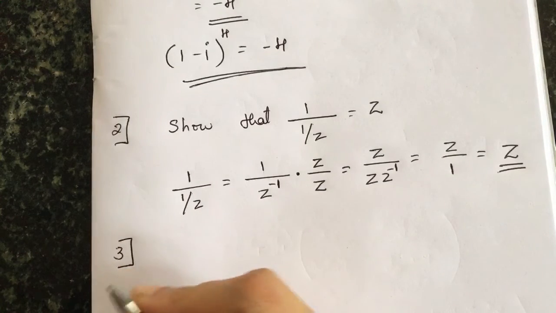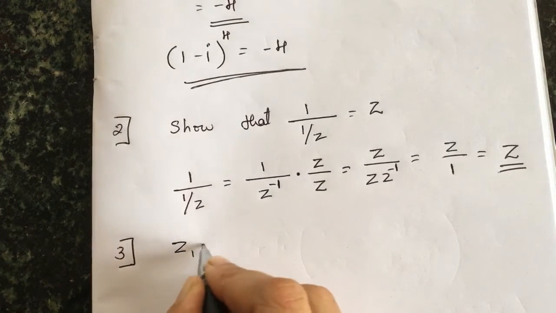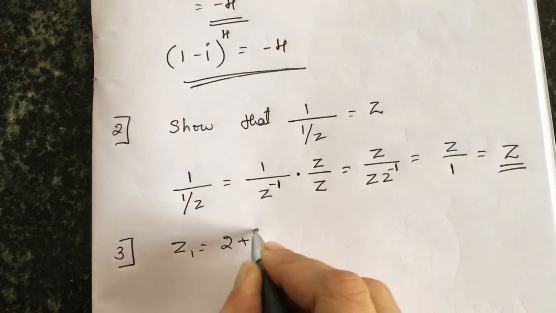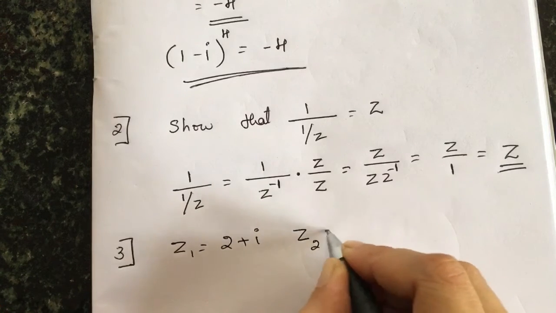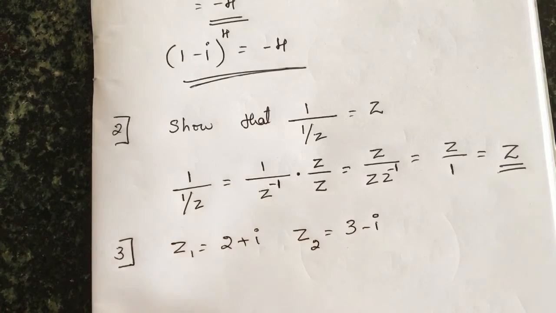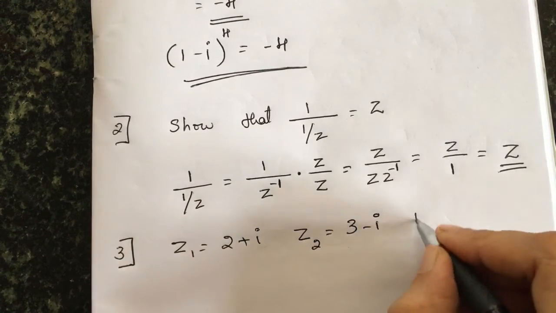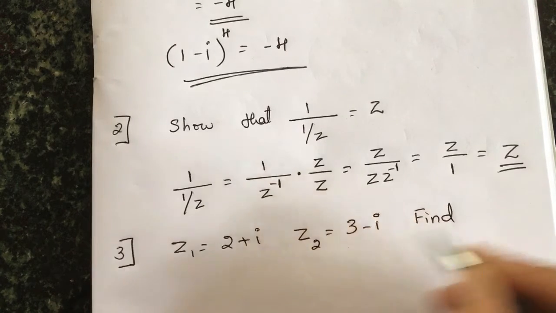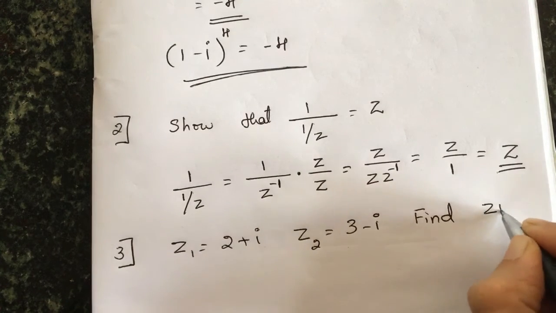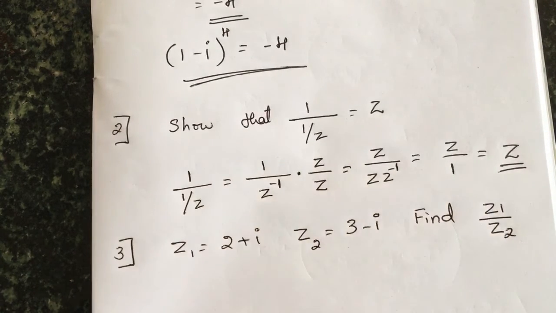Next question, z1 is 2 plus i and z2 is 3 minus i. Find z1 by z2.